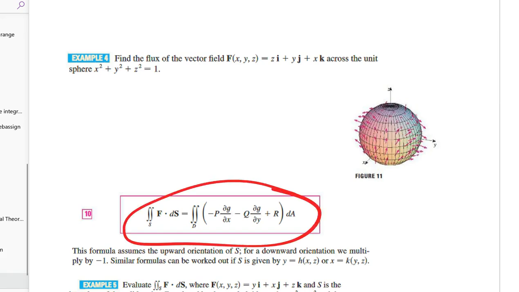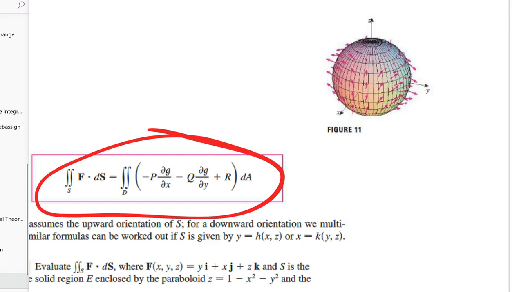Now this here is a nice little formula that you're going to be using quite a bit. When we do F dot dS, let me show you that one.